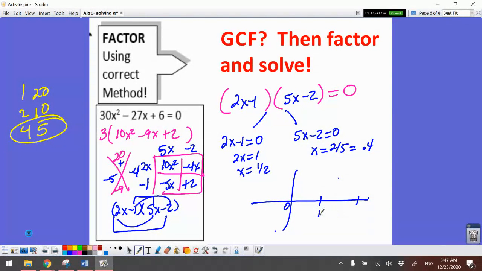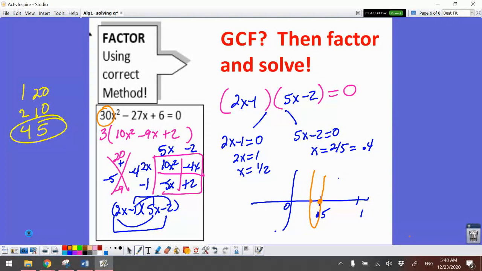So I'm going to go ahead and make this 0.5 and this 1. So this is a pretty narrow quadratic, so I'm going to go ahead and spread it out a little bit so we can see it. So 1/2 would be here. 0.4 is going to be close to the 0.5. This is a very skinny quadratic because those two roots are very close together. And again, I know it's positive because my a is positive.